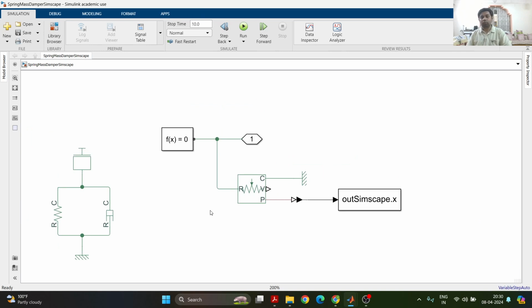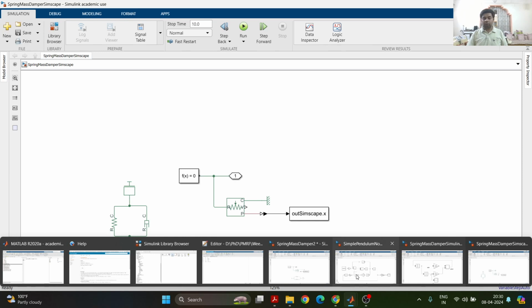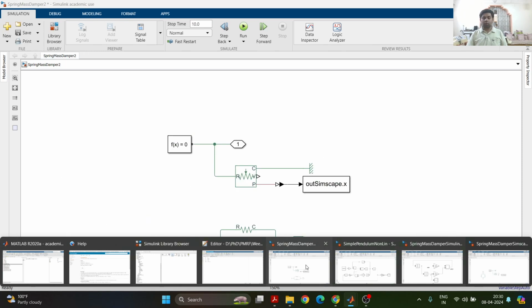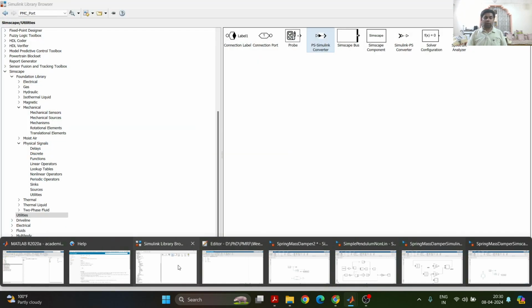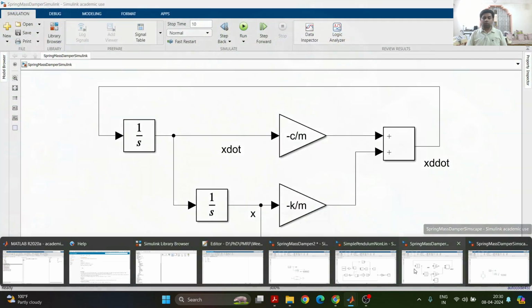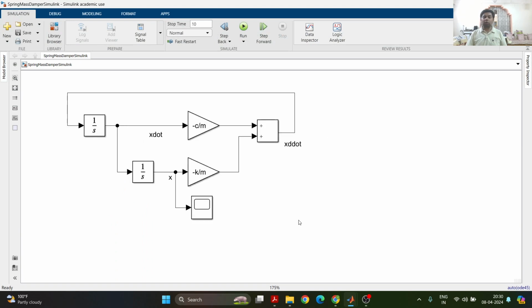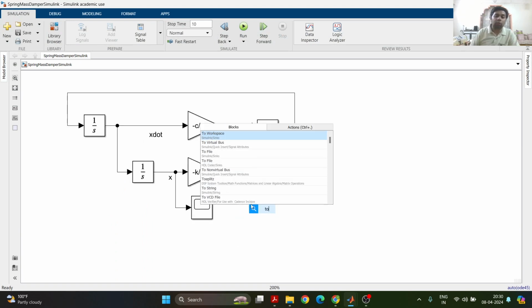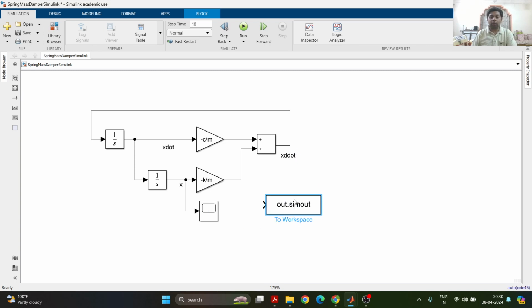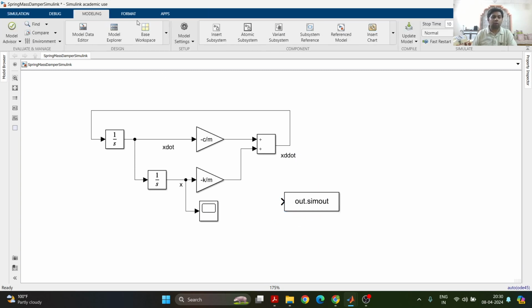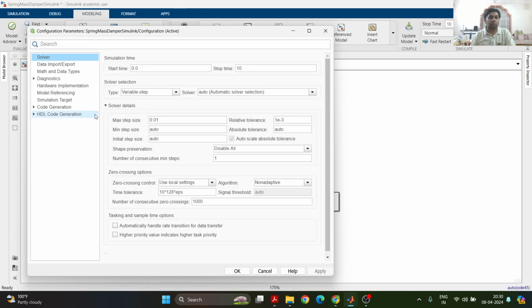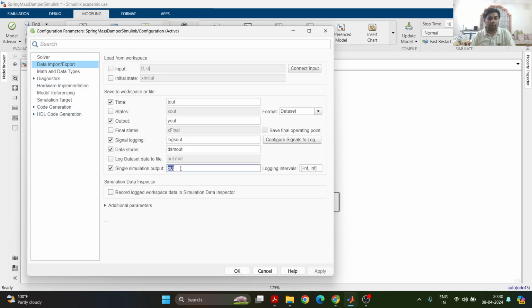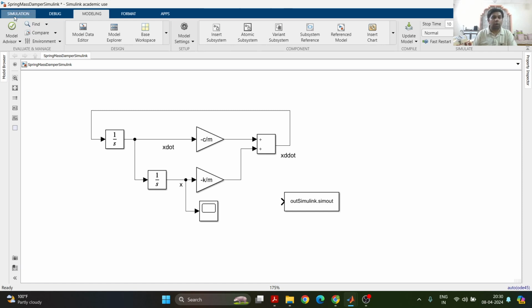And similarly for the other model that we had created, the spring mass damper system using Simulink, we can again say To Workspace, and now we can name the output variable as out Simulink, so that we will be able to easily differentiate which output corresponds to which model.